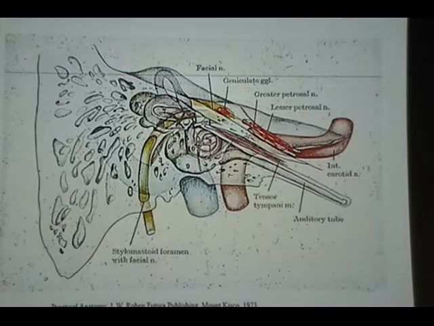How are they going to get there? What are they going to travel with? They're going to travel with the sensory branches of the maxillary division, right? Okay. So as I told you last week, the maxillary nerve division is acting as a conduit for these postganglionic parasympathetic fibers that are coming from this ganglion and going basically to perform what we refer to as a secretomotor function, innervating mucosal glands.